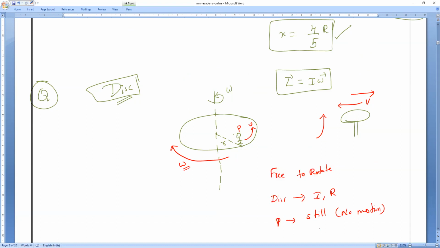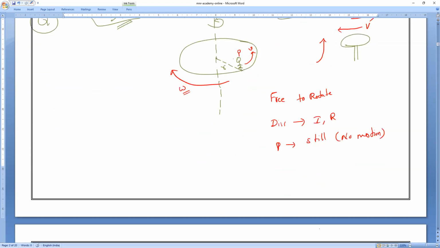He is just standing still. Sorry, I mean angular momentum, not linear momentum. He is not moving, he is just standing, so the angular momentum is 0.